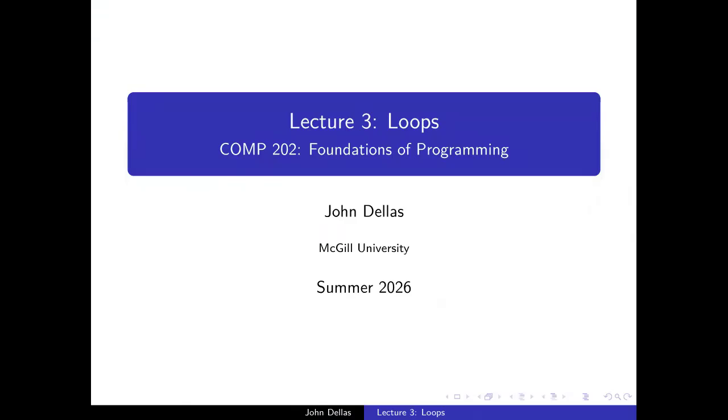So loops are another control flow mechanism, and where if statements and match statements let you branch in your logic, what loops allow you to do is to repeat a section of code that you've written multiple times based on some logical condition. So it's a different kind of control flow.